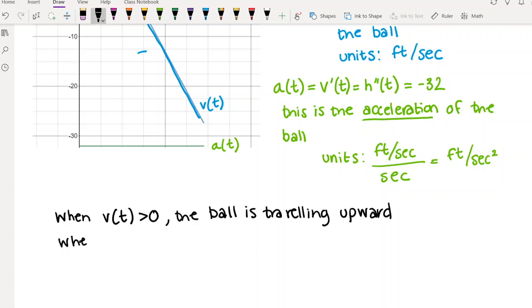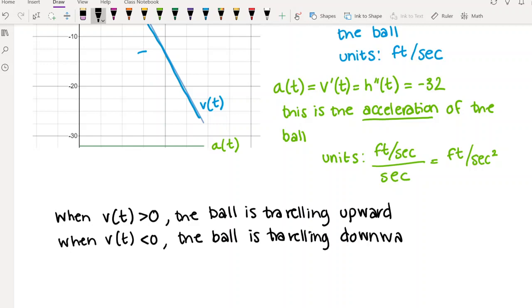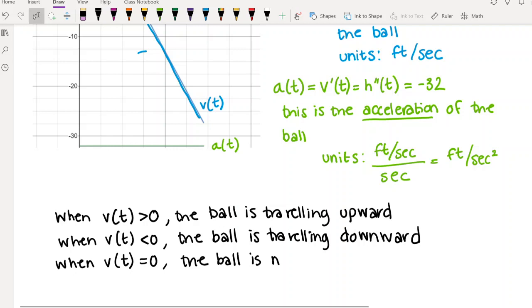And when v of t is negative, the ball is traveling downward. And then what's happening when the velocity is equal to 0? Well, then the ball is in a transition point. So it's neither moving upward nor downward.